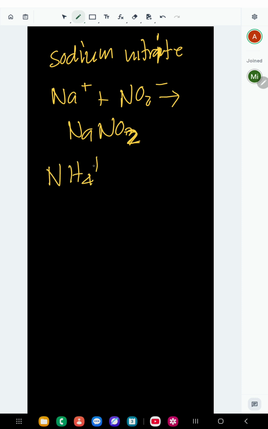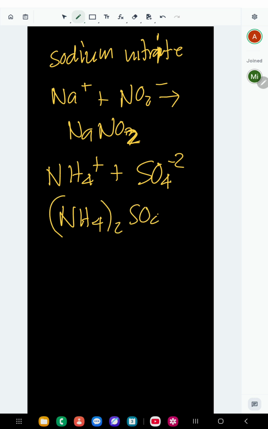Ammonium is NH4 plus. Sulfate, okay, so this is NH4 2 SO4, ammonium sulfate. You forgot your 2. (NH4)2, you have 2 molecules of NH4.